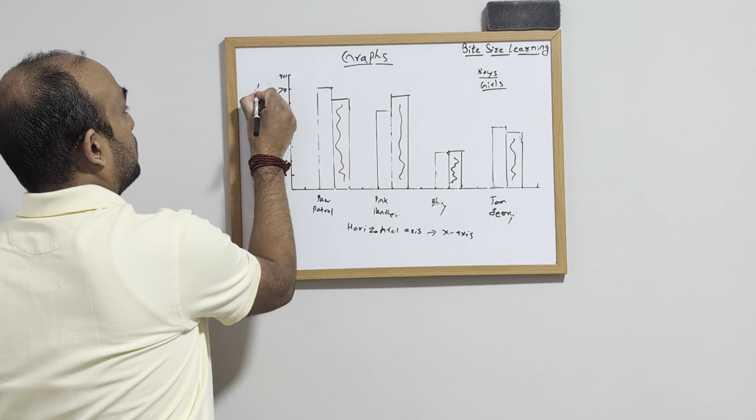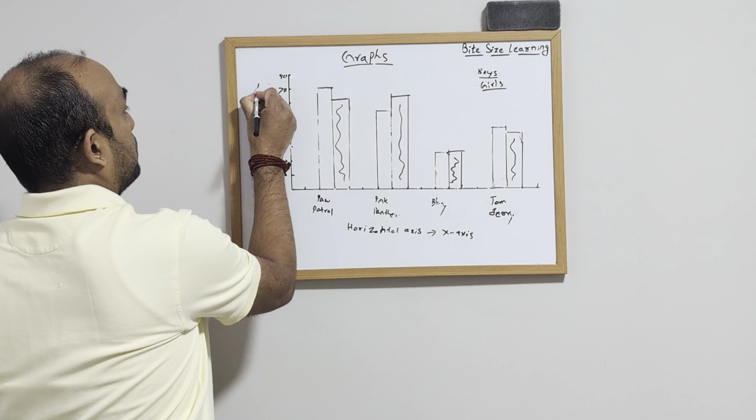The second question: which cartoon show is watched equally by boys and girls? You look at the graph and see there is a difference here, but this is equal. So Bluey is the cartoon show that is watched equally by boys and girls.